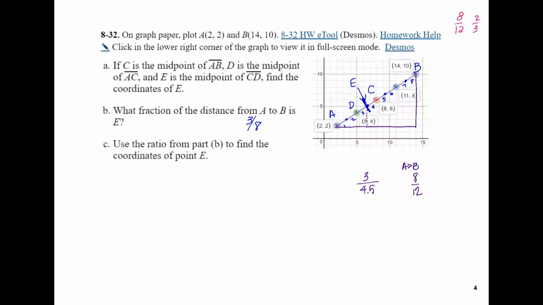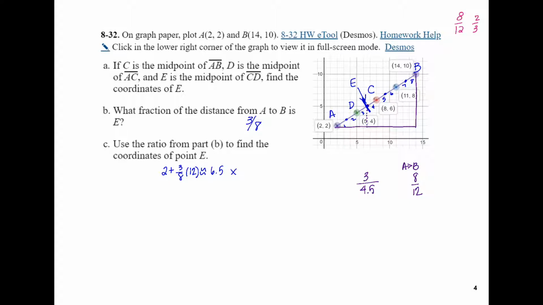So if we think back to lesson 7.3.2, we would take 2 plus 3/8 times 12 to give us approximately 6.5 for the x coordinate.